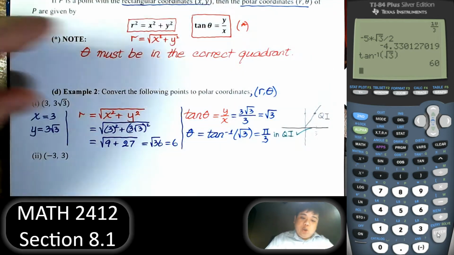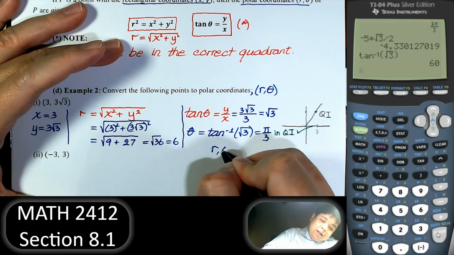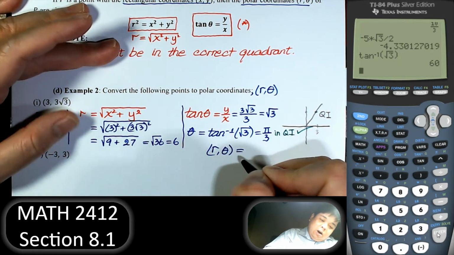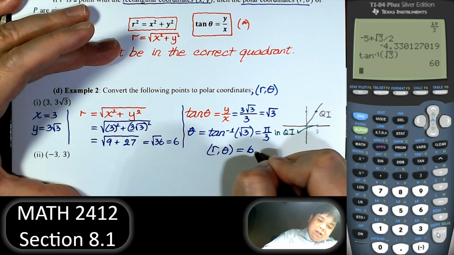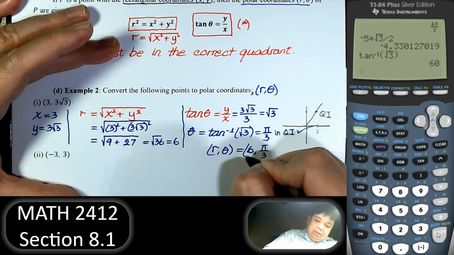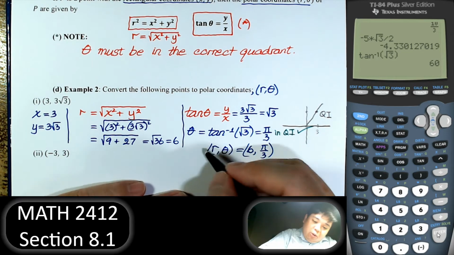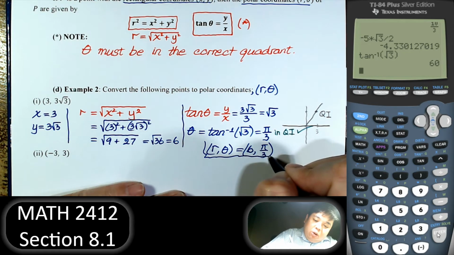So yes, that's good. So we can write the answer as r and theta. r, the distance, is going to be 6. The angle is going to be pi over 3. Right, so that's what we have. We wrote this point from rectangular coordinates to polar coordinates.